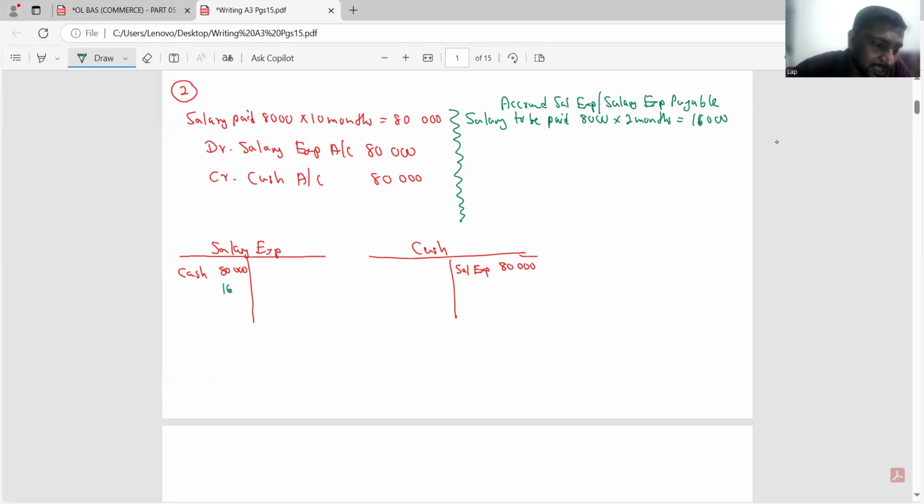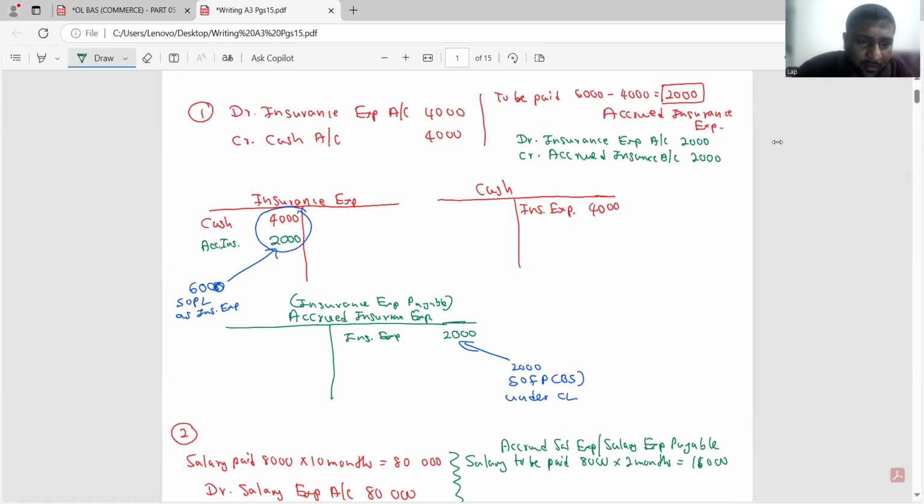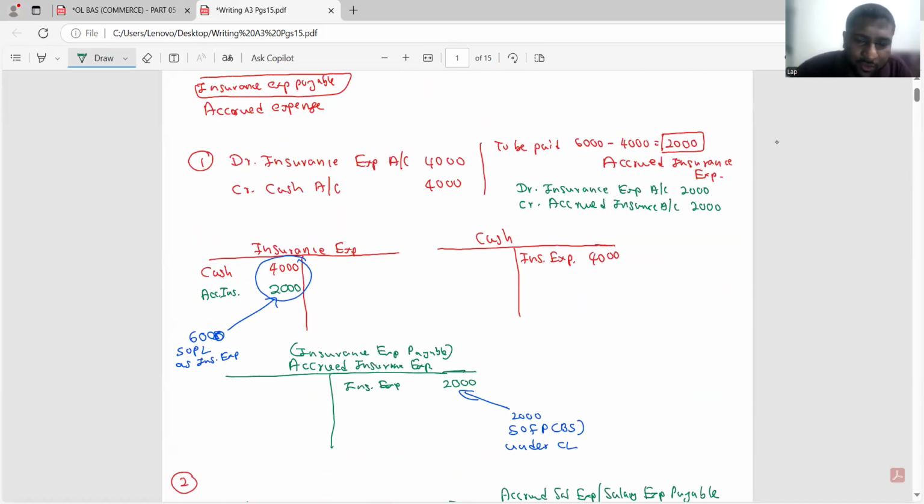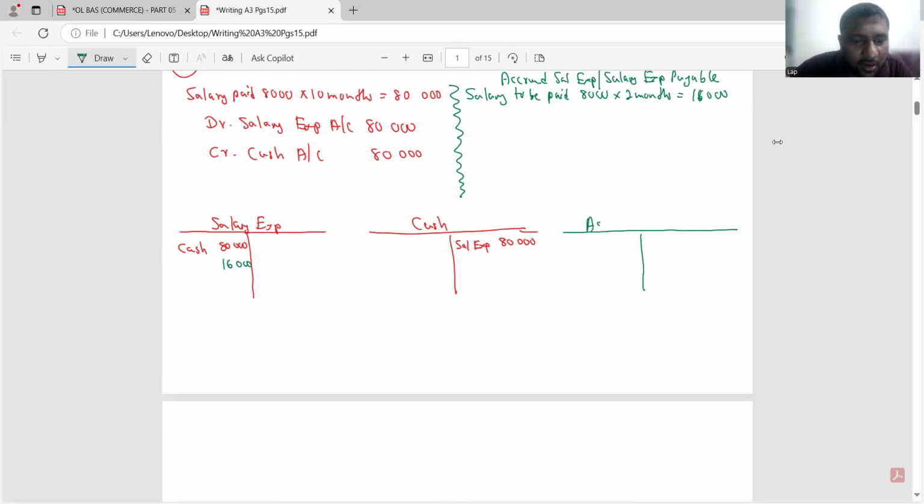So here this 16,000 is debited. Then we should credit it to which account? Look, it's similar to the one above. In the above one we put accrued insurance expense, here we must put accrued salary expense.